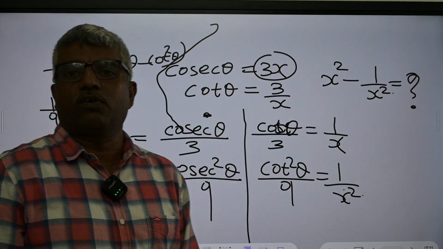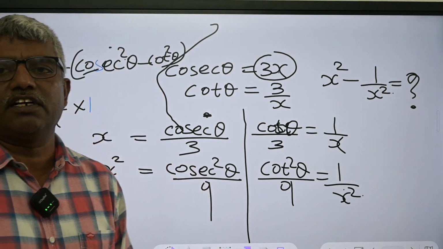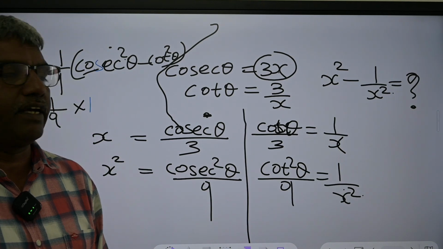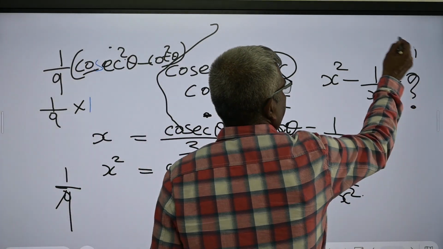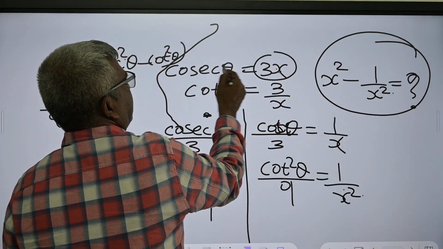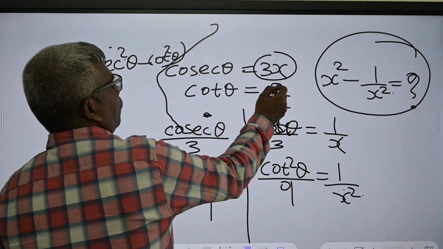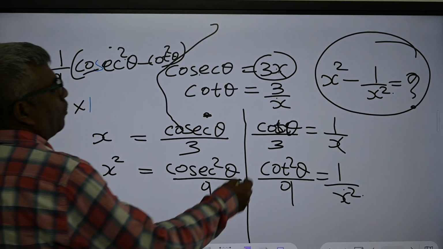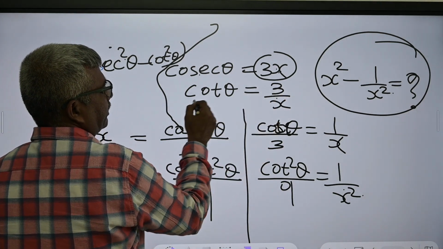If cosecant theta is equal to 3x, cot theta is equal to 3 over x, what is x squared minus 1 by x squared? This is the question. X is cosecant theta by 3. 1 by x is cot theta over 3.